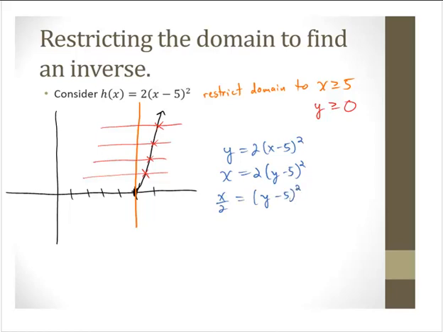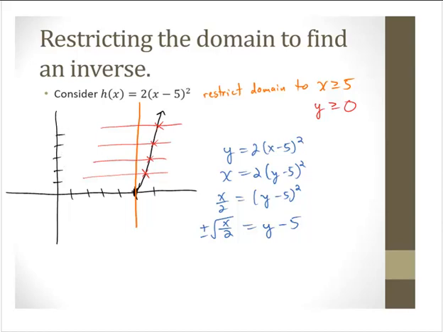Square root. Now here's where you have to be careful, because when you apply the square root we get plus or minus. So now we have to decide, do we get the positive root or the negative root? Well, if we think graphically of the inverse, we would want the points, let's say, (5, 0).